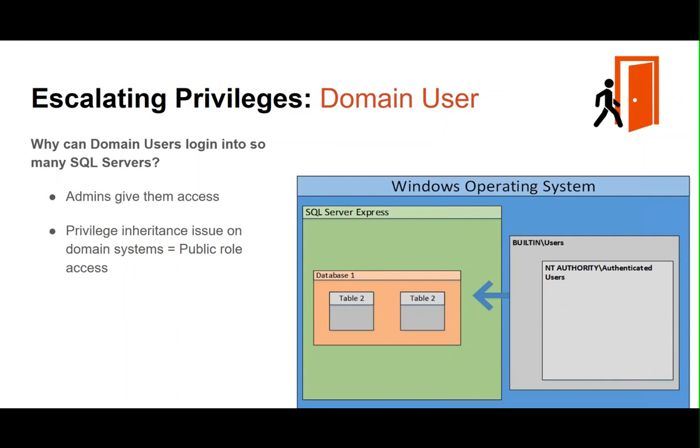But nested in that is the NT Authority authenticated users. Also, superficially, it doesn't seem like a big deal. But when your system is on the domain, that includes inherently the domain users. So what that means in summary is if you install SQL Server Express and open up a listener on a domain system, you inherently provide every domain user in that environment the rights to log in with public privileges. So that's pretty impactful, and those two are the main reasons we get that 10% or more almost every time.